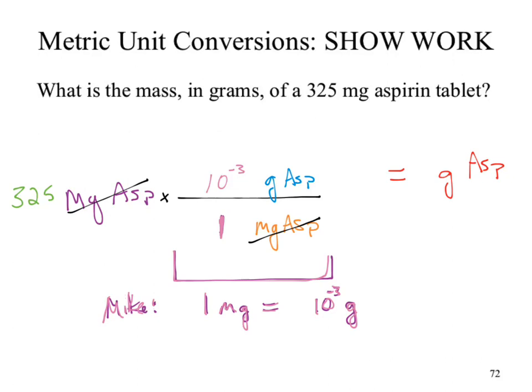Now I can do the math. In that math, what I would recommend is you take everything in the numerator and enter it into your calculator: 325 times 10 to the minus 3. You write that numerator down. Then you take everything in the denominator and multiply it out. Then you write that under the previous answer. Then you do the division.